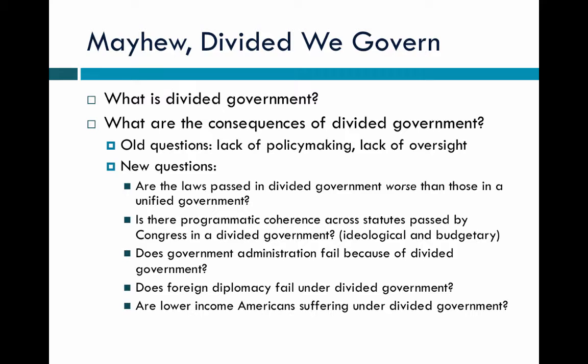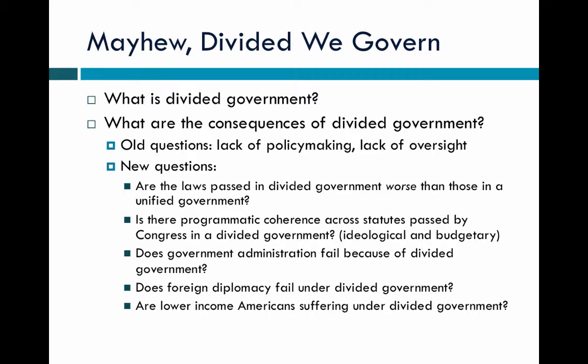And the old questions used to center, Mayhew says, around a lack of policy making, that there was just a lack of policy being created and a lack of oversight on behalf of the government, that oversight would only occur when Congress is controlled by the opposition party of the president, not the same party. And he says that those aren't the fundamental questions we should be asking ourselves, that there are 5 new questions we should look at. And he challenges along the way conventional wisdom in all of this.